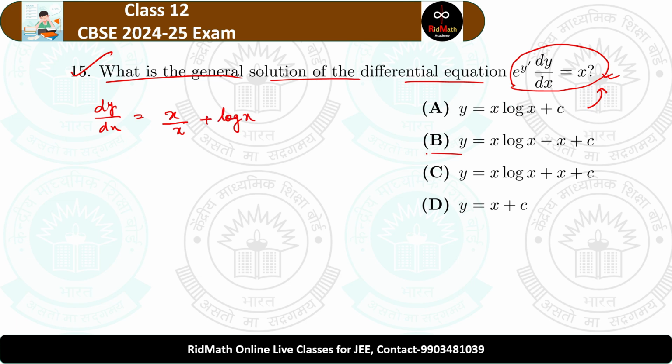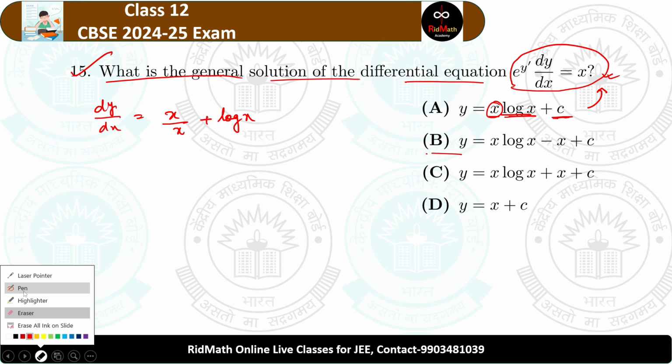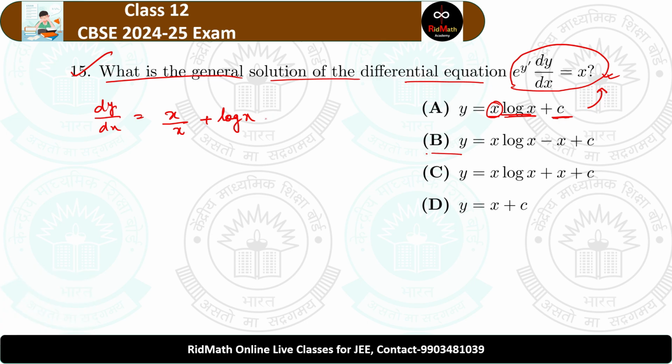First, derivative of log x, x is fixed, so x divided by x, and then derivative of x, and log x is fixed, and derivative of c is 0, so this is plus 0, that is equal to 1 plus log x.